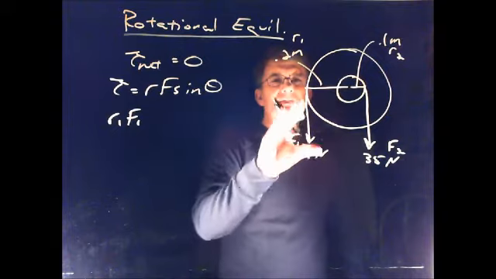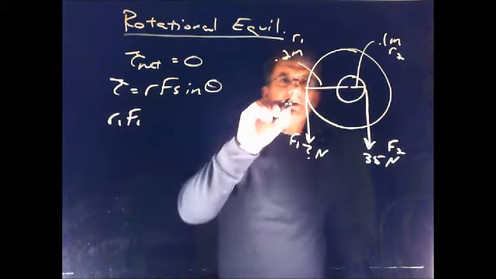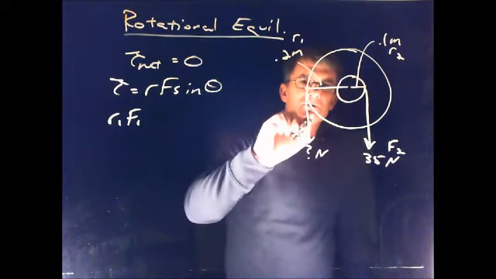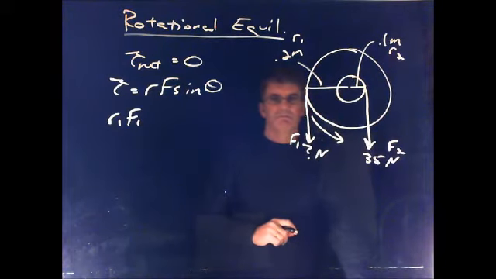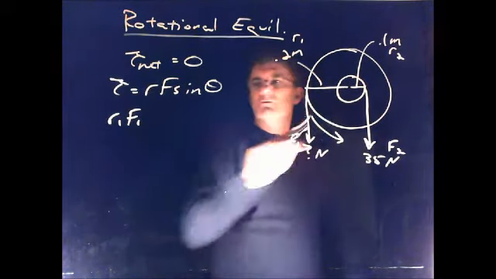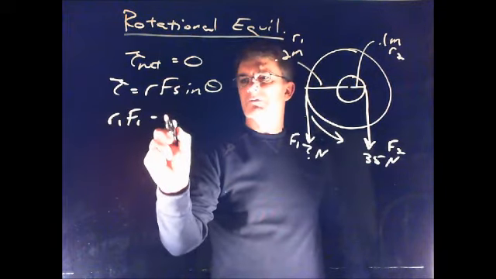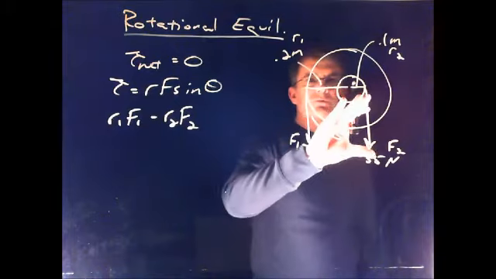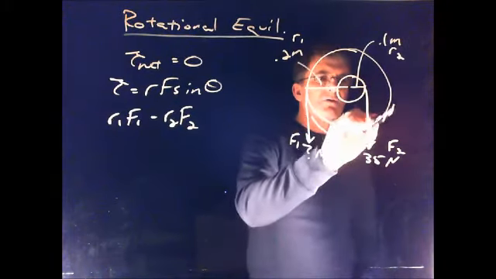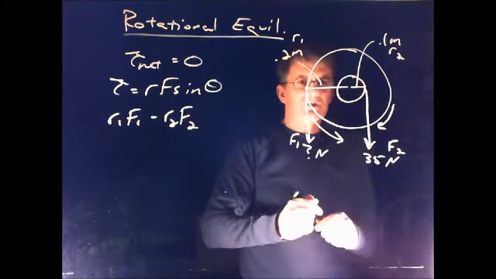Now, this is a positive torque because this is going to cause the wheel to spin counterclockwise. F2 is going to give a negative torque because if this force was all by itself, it's going to cause a clockwise rotation.